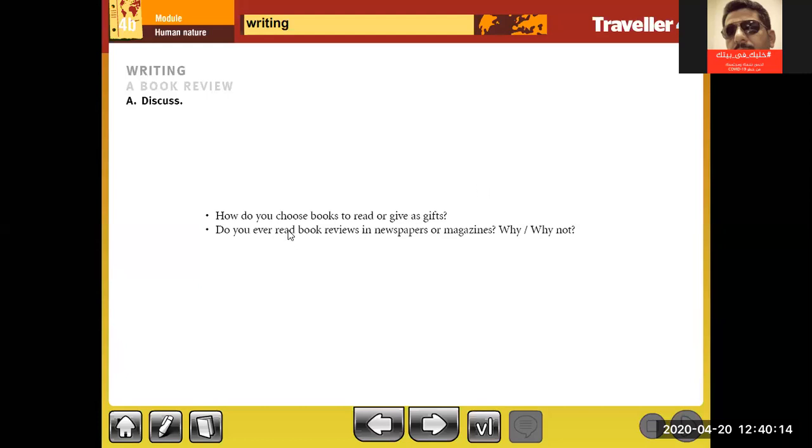So for question 1, how do you choose books to read or give as gifts? As I mentioned, based on your own interests. Question 2, do you ever read book reviews in newspapers or magazines? We mentioned before, book reviews means short descriptions of the reviewer's opinions about the book.